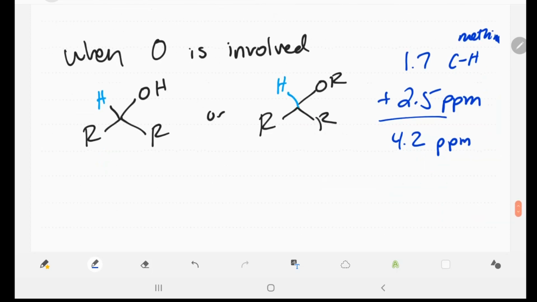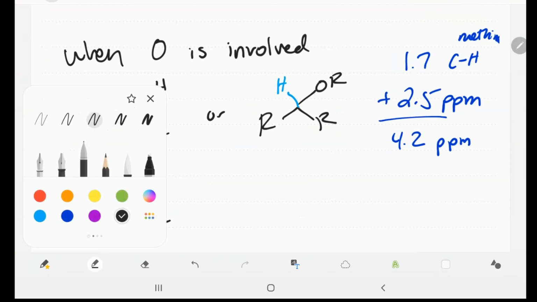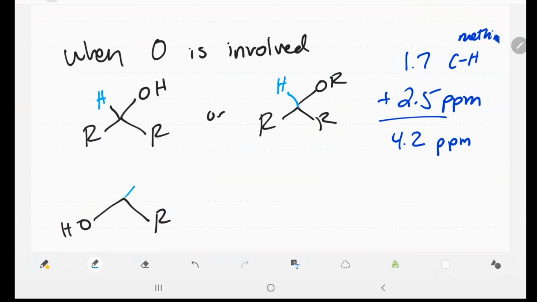If it were on a methylene group, now we have equivalent hydrogens here. These would show up at 1.2, we'll say, plus 2.5, which will give us 3.7 ppm.